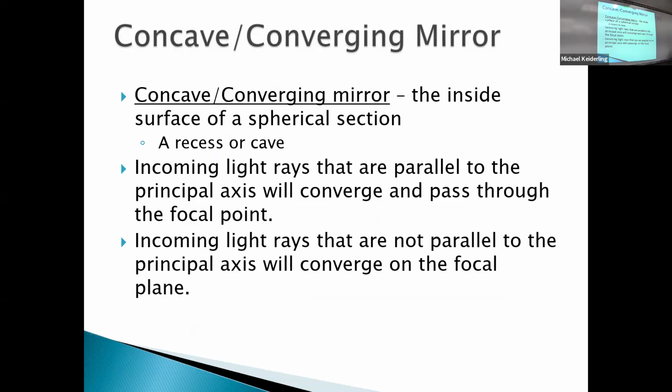And there's two types of spherical mirrors. There's a concave mirror, like I was showing there. That's the inside surface of a spherical section. It's concave because it's like a recess or a cave. This is also a converging mirror because parallel light coming in gets brought together to a point. Incoming light rays that are parallel to the principal axis will converge and pass through the focal point.